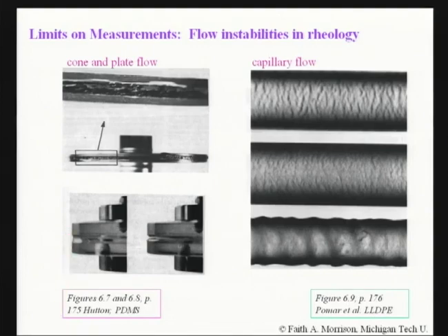And once this starts to happen, the flow is no longer steady shear flow. It's doing a three-dimensional flow. If it's a steady shear flow, it will always be in sort of concentric cones in the cone and plate apparatus. And when it starts coming out, that's not the flow anymore. So it's those kinds of instabilities that limit the upper limit of measurability in a cone and plate instrument.